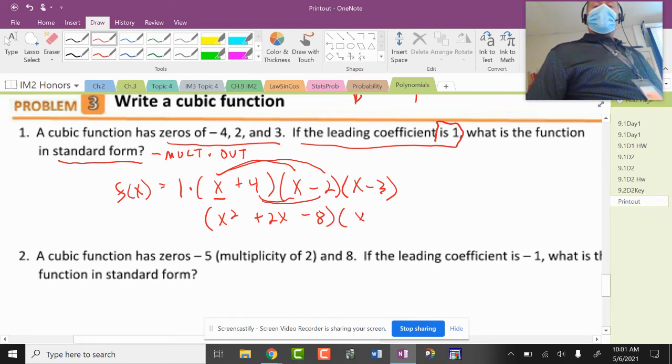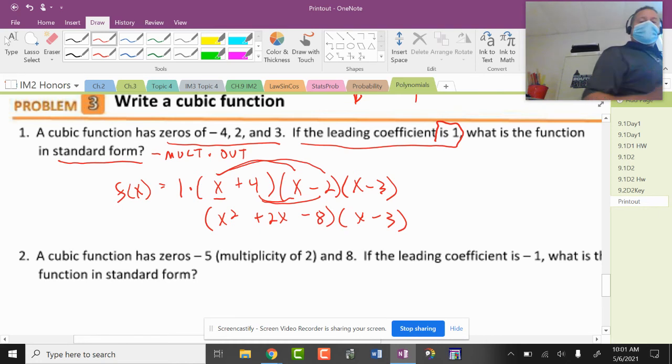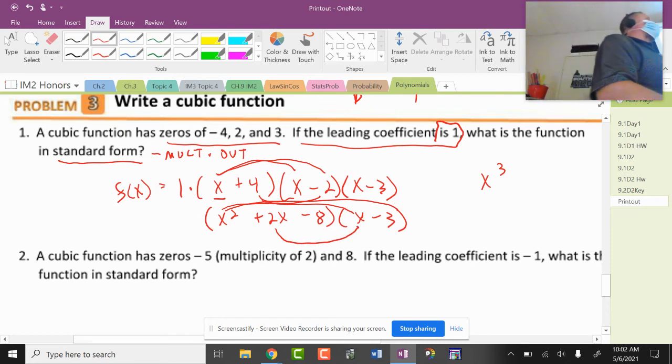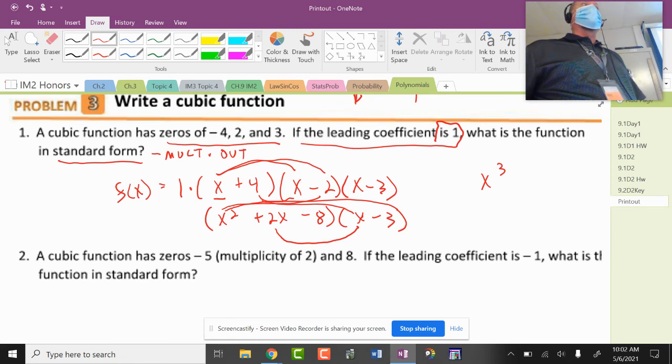And then I think you might be able to do this next part because this one is nicely organized. First, x cubed, and I'm not writing 1 times anymore. And now start holding this in your brain. -3x squared and positive 2x squared. What's -3 plus positive 2? -1x squared. Got it?